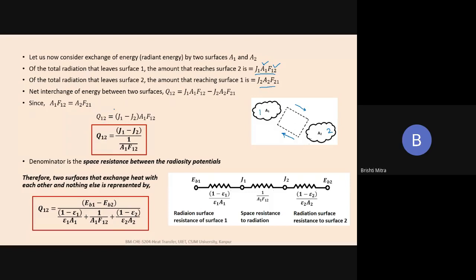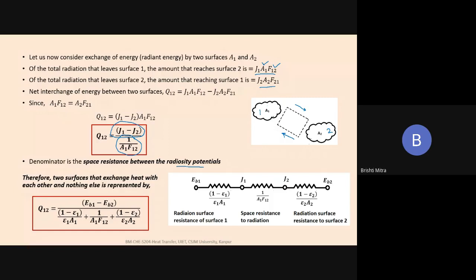So Q12 net, taking A1 F12 common, is J1 minus J2, or Q12 equals J1 minus J2 over the resistance 1 by A1 F12. This is my potential, and this is essentially the space resistance between the radiosity potentials, not the surface.